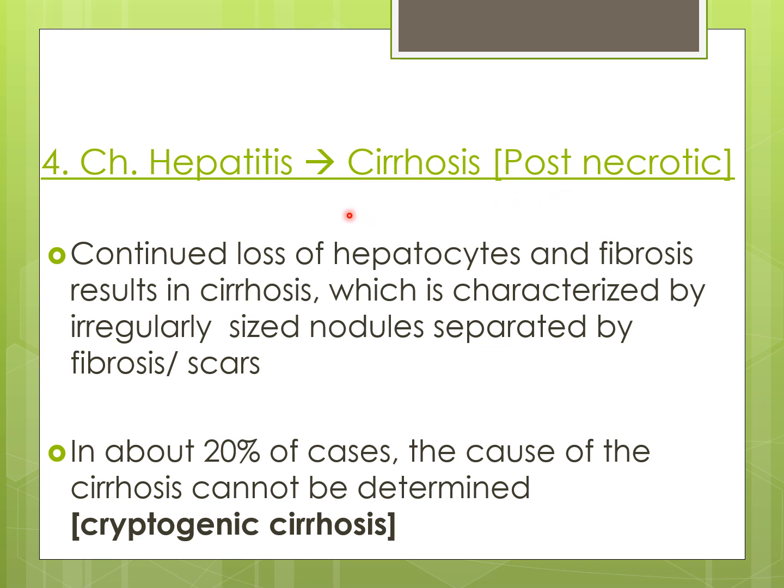Briefly, there's continuous loss of hepatocytes followed by fibrosis, and slowly the whole liver is converted into a cirrhotic liver, which shows irregularly sized nodules separated by fibrosis or scars. In about 20% of the cases, the cause of cirrhosis cannot be determined. We call it cryptogenic cirrhosis.